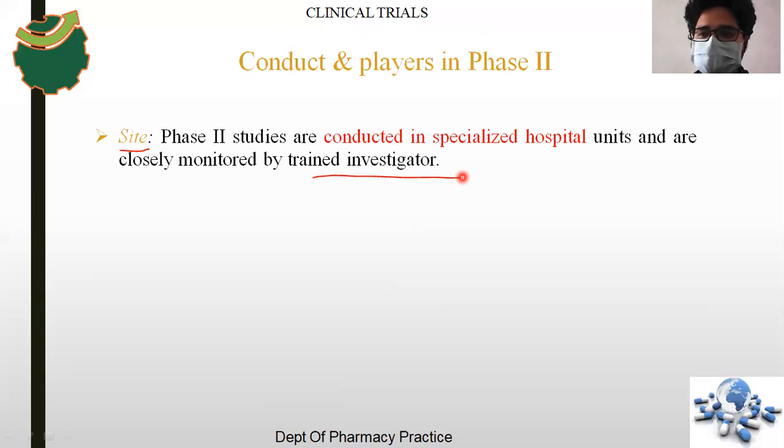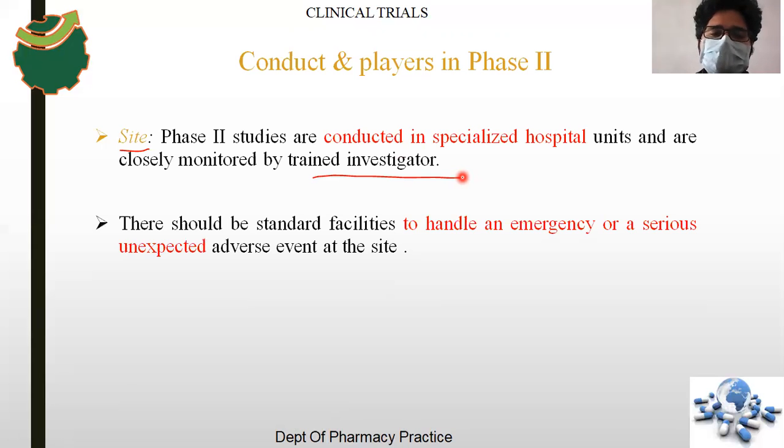We should take precautions, but higher precautions in phase 2, because we are taking patients and giving a new drug which we don't know 100% about. So obviously there may be side effects, and there is a high chance of side effects, ADRs or adverse drug events, and anything can happen. That's why you should have closely monitored investigators for the entire time, 24 by 7 and 365 days, taking care of the patients while phase 2 is happening.